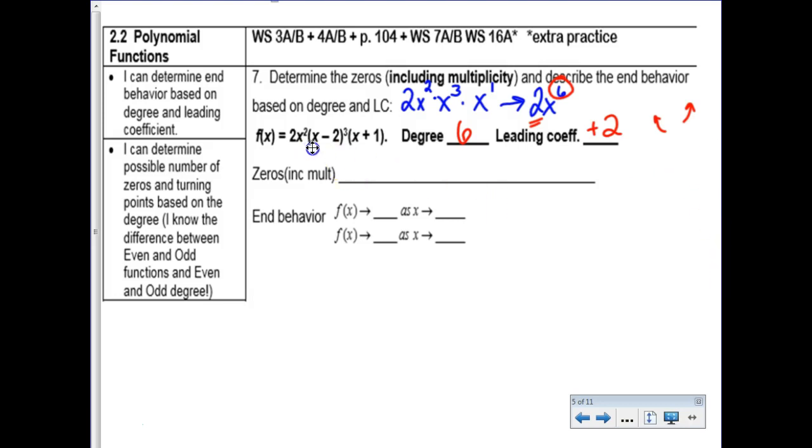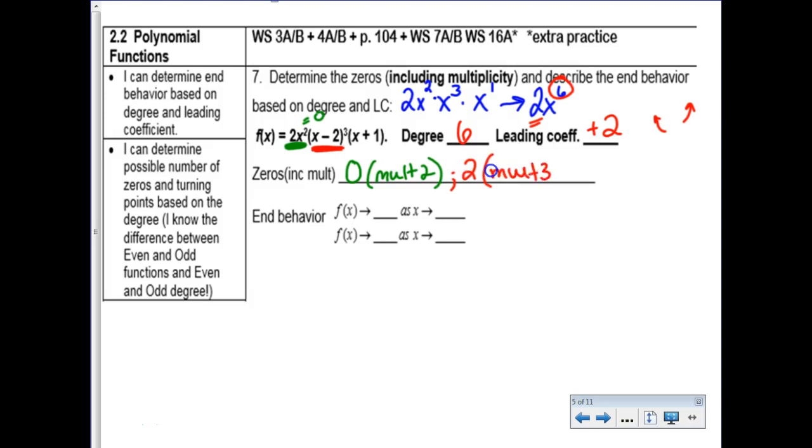Your zeros are found by just setting your factors equal to 0. So if you set this factor equal to 0, you get 0. But how many times does that solution show up, guys? Twice. Very good. So you're going to write 0 multiplicity 2. It shows up twice because of the power on the x. And then this solution, which is 2, how many times does that show up? 3 times.